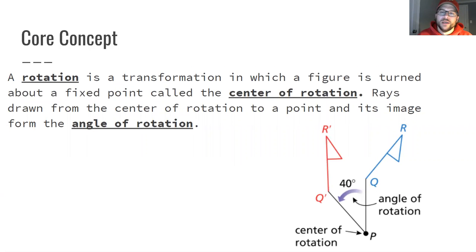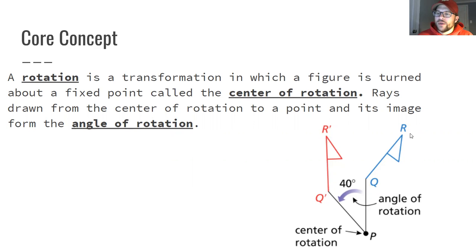So a rotation is a transformation where a figure is turned around a fixed point called the center of rotation. And the way you can determine how far you're being rotated is to draw rays from that center of rotation to a point and its new image that form the angle of rotation.